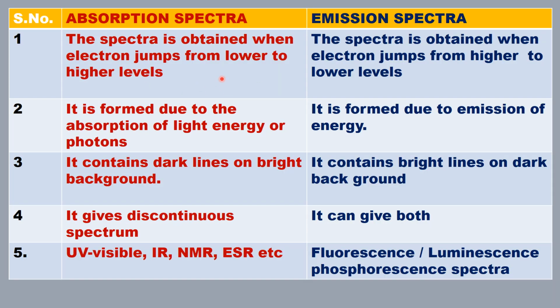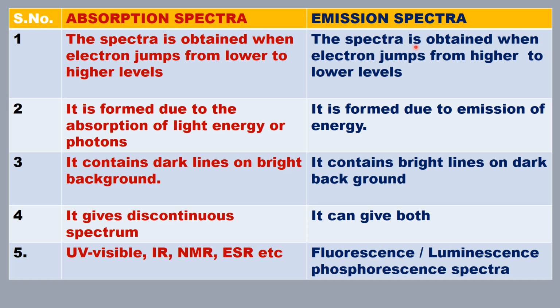Let us now study the differences between absorption spectra and emission spectra. As we have seen, the absorption spectra is obtained when an electron jumps from a lower level to higher excited levels. That is, it is due to transition from lower ground state to higher excited state.